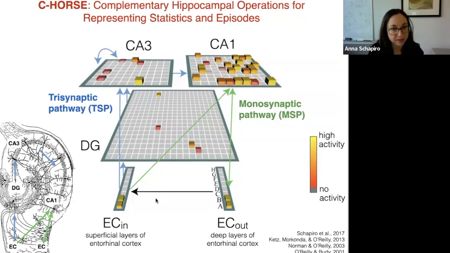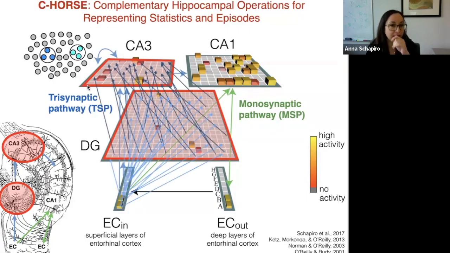So this model has entorhinal cortex that is going to process the input and output. And then it has three hidden layers that represent three of the hippocampal subfields: dentate gyrus, CA3, and CA1. There are two main pathways through the hippocampus in this model. There's this trisynaptic pathway that runs from entorhinal cortex to dentate to CA3 to CA1.